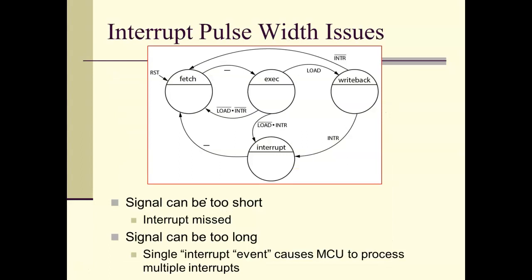So once again, pulse width issues are very important. I've got two things going on here. It could be too short or too long. If it's too short, your state machine is going to miss it. If the pulse is too long, the state machine will come back and see that same interrupt again and go right back into an interrupt cycle, which is probably not what you want.